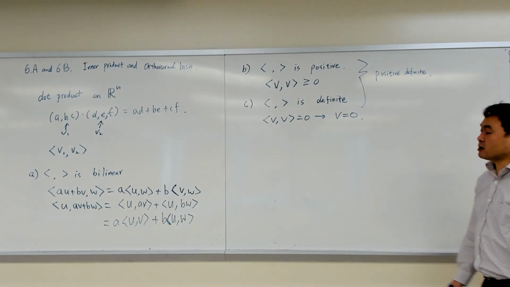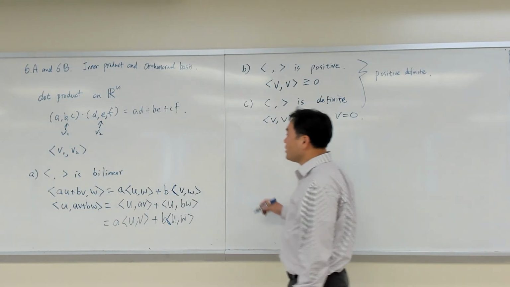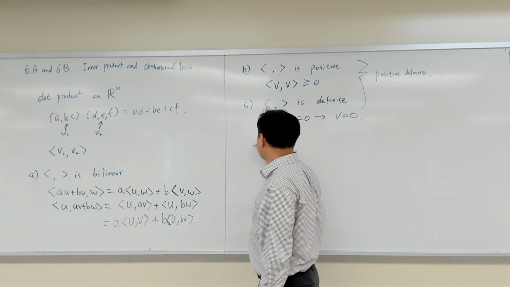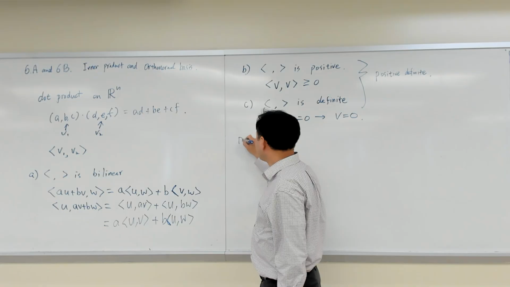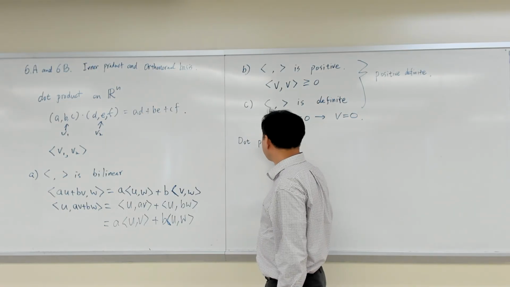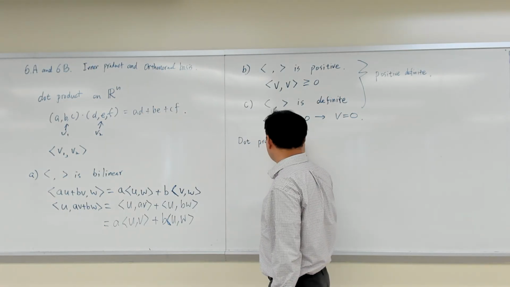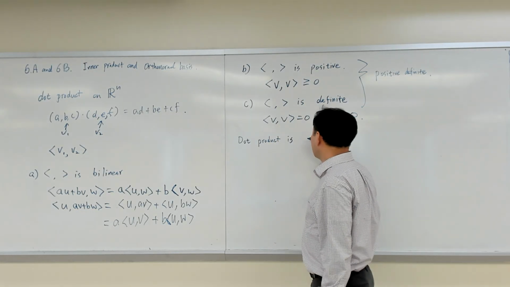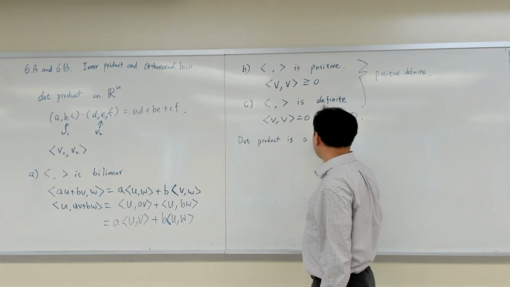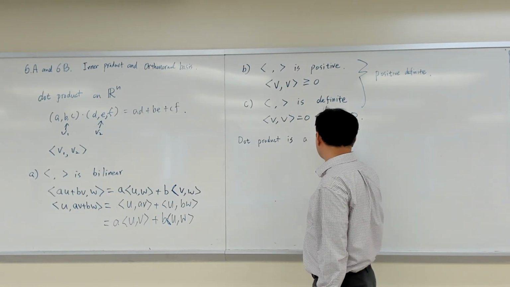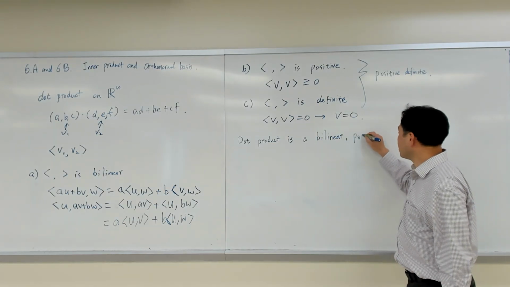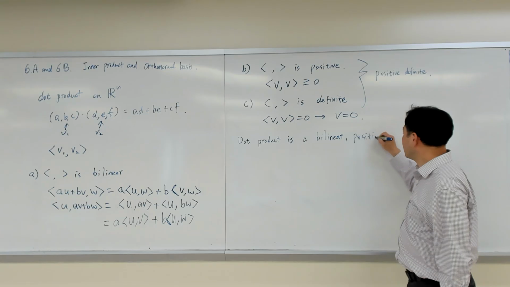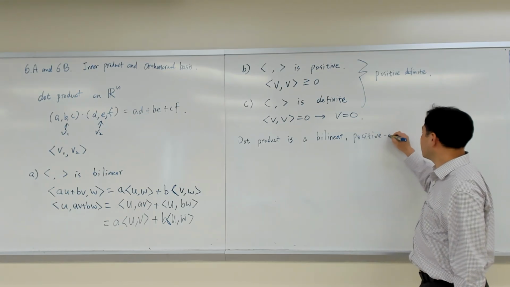So, as a summary, we can make the following statement: is that dot product is a bilinear positive definite form.